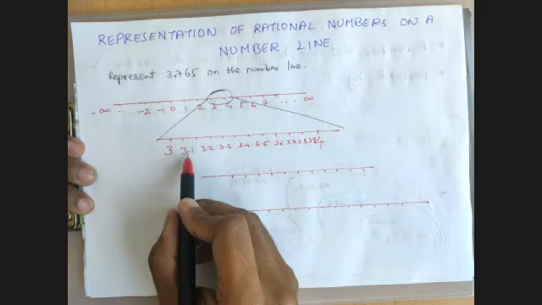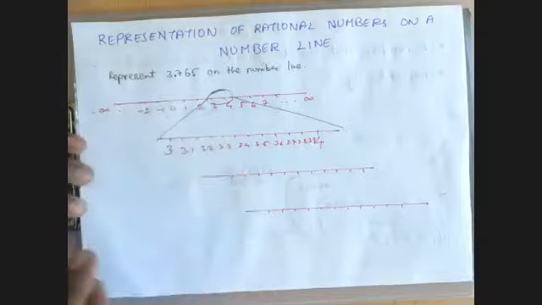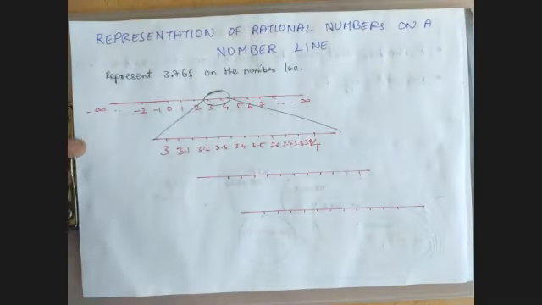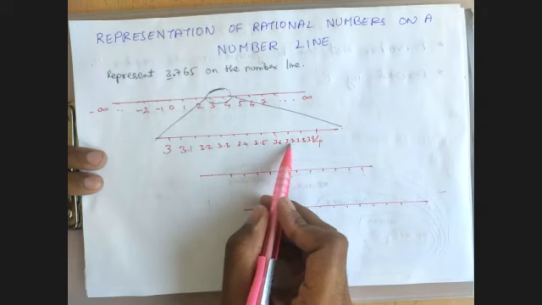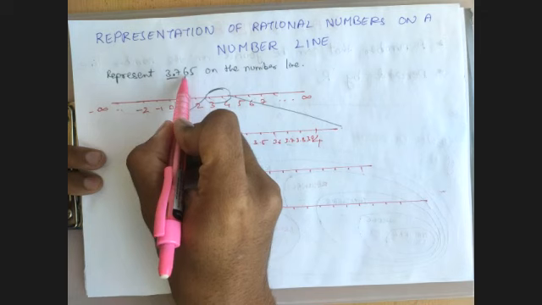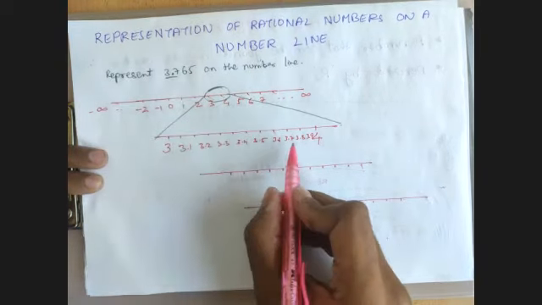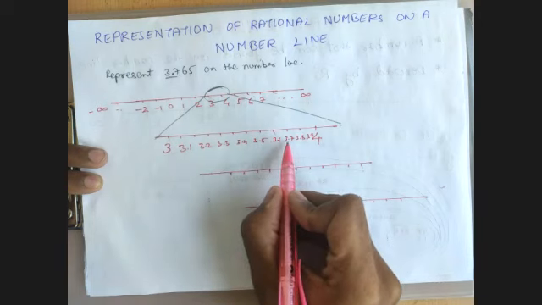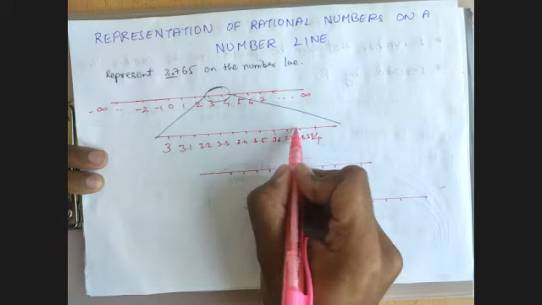I would be getting 1 decimal place. Now I know where 3.7 is. Now I have to get to 3.76. That means I know that 3.76 is in between 3.7 and 3.8.